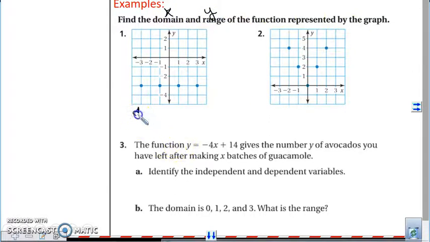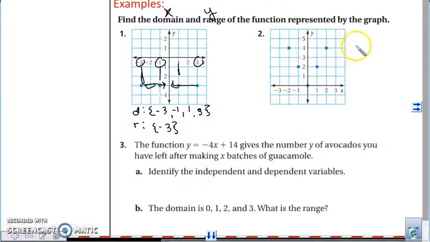So the domain is a set of all the numbers: -3, -1, 1, 3. Range is a set of all y values. So these ones go to -3, these ones go to -3, so the set only goes to -3.